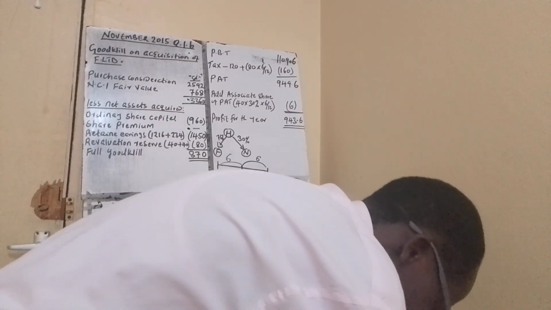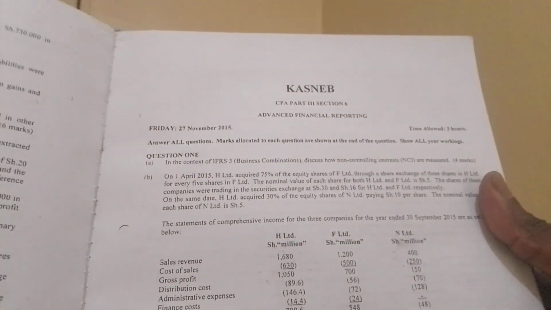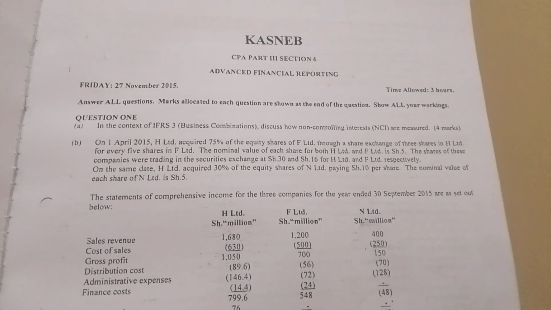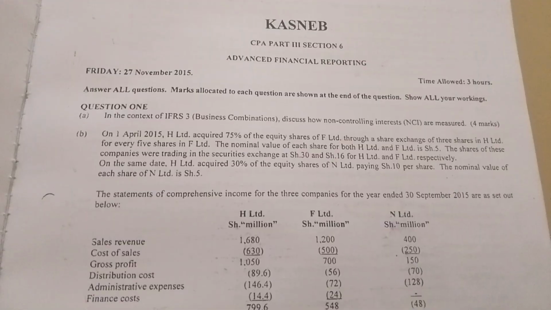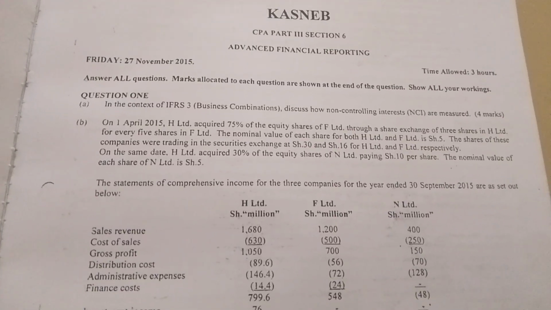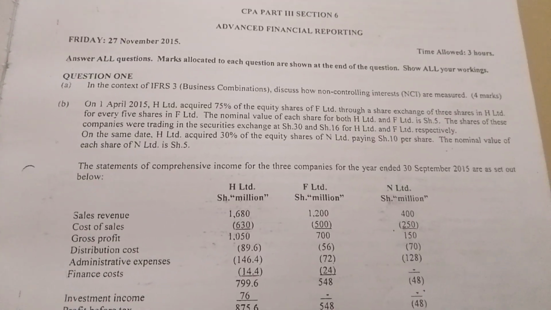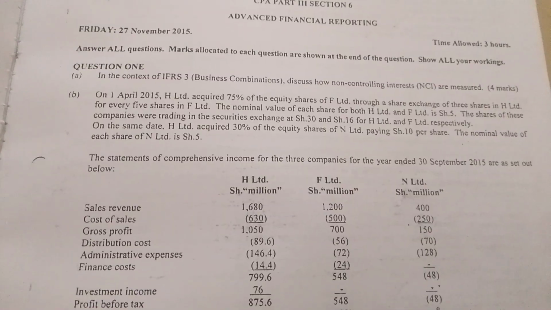Now you have been told, as we have read earlier on, that on 1st April 2015, H Limited acquired 75% of the equity shares of F Limited through a share exchange of three shares in H Limited for every 5 shares in F Limited.